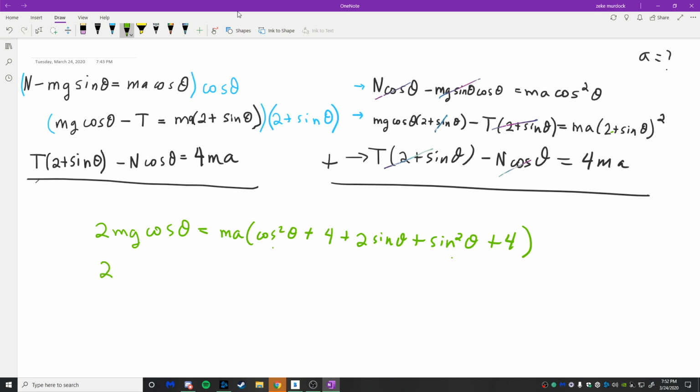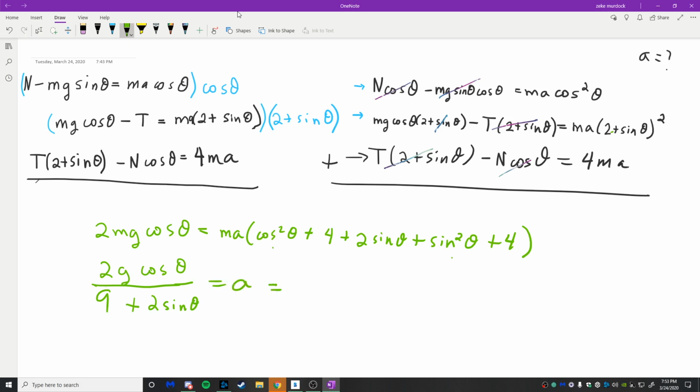So we end up getting 2g cosine theta divided by, this entire thing is going to become 1. Right? Cos squared plus sine squared is 1. Plus 4 is 9. So 8 plus 1 is 9. And then this term is still there. 9 plus 2 sine theta equals a.